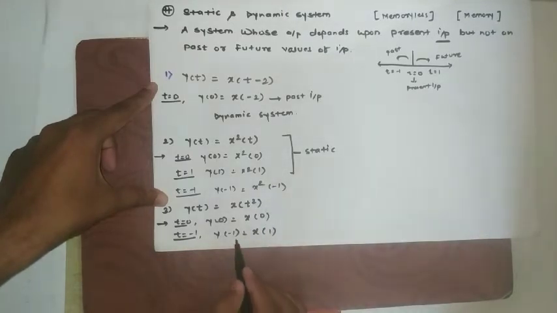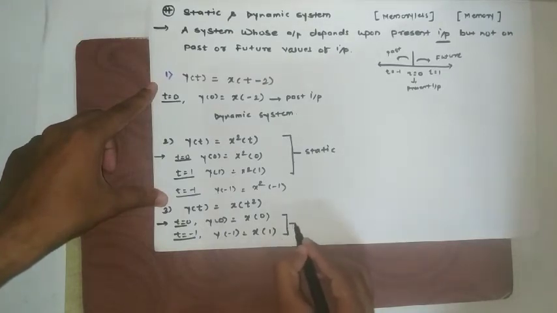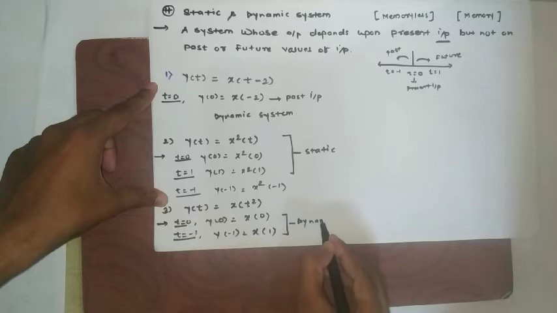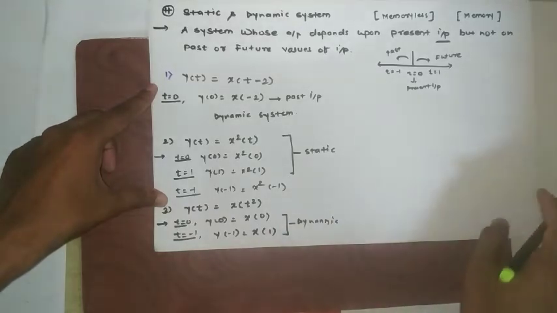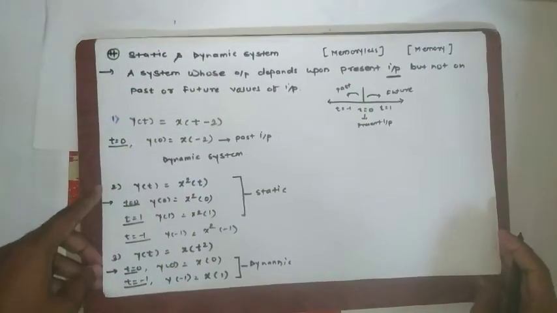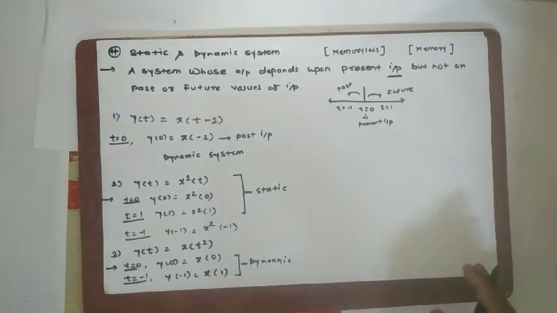Now if you see, we are finding the value for -1 and it depends on +1, that is, it depends upon a future value. If it depends upon a future value, definitely this is a dynamic system. So by this procedure, we can determine whether the given systems are static or dynamic.